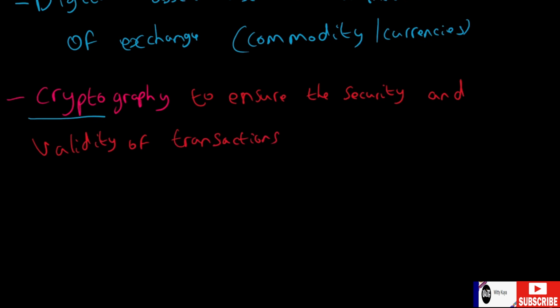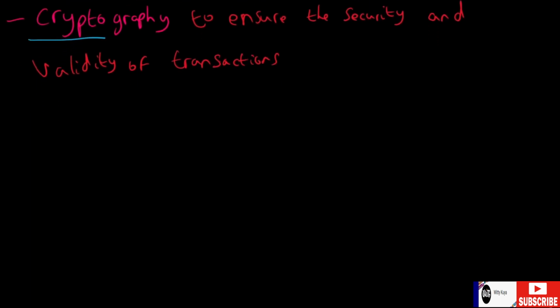Transactions being in general fiat currency. If I go into my bank account, log in, send £10 to you, that's a transaction. So cryptography is used behind the scenes to ensure the security and validity of transactions using mathematics and algorithms. We'll cover in a separate video exactly what cryptography is. So if you're unsure about that, don't worry, there is a video for that.